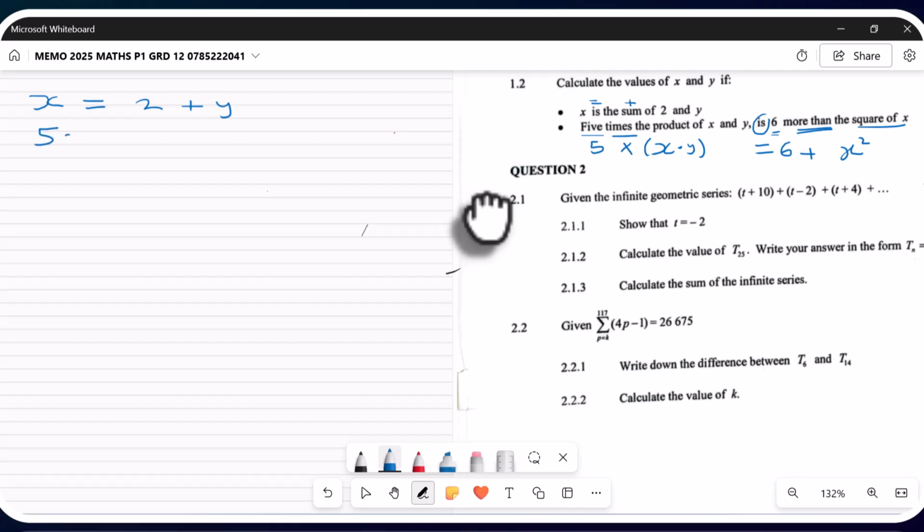So I'm going to say that 5y times x, but x is what? x is 2 plus y, then equals 6 plus x squared, but x is what?